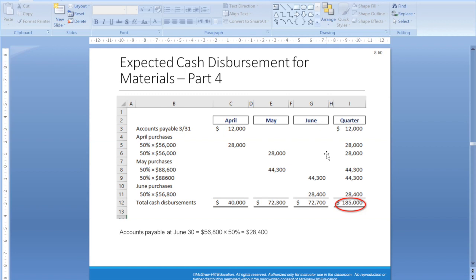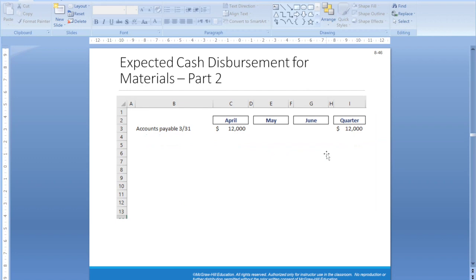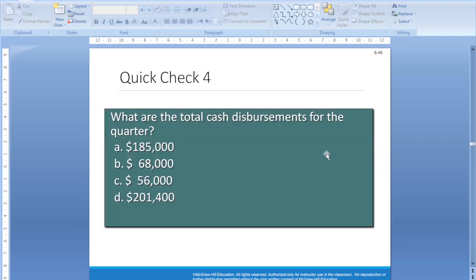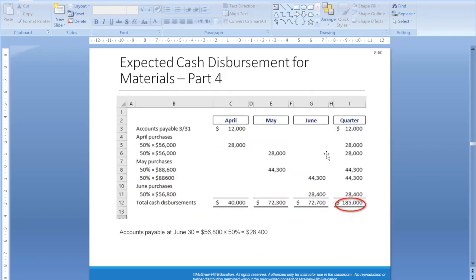The trick here, if you like, June purchases: I will use the number of June from the previous budget, which is 142,000 pounds multiplied by 0.4. This equals $56,800.